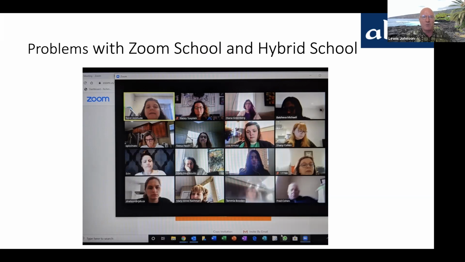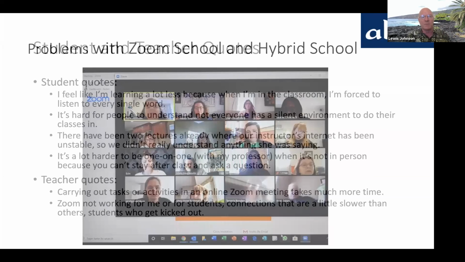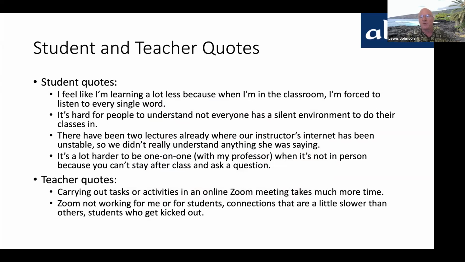As we all know, when the lockdowns began, classroom instruction had to move online, and it revealed a lot of problems. Here are examples of some of the complaints reported by students and teachers. Students felt they were learning a lot less. They had trouble understanding what the professor was saying.